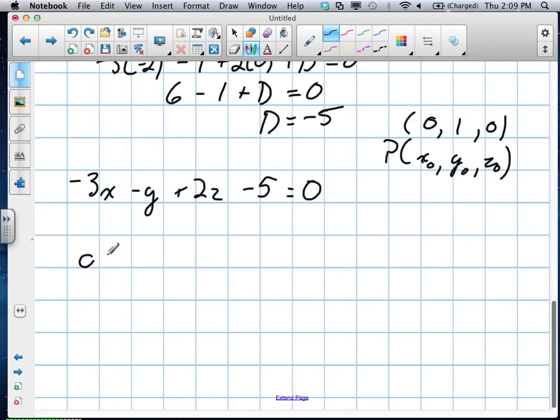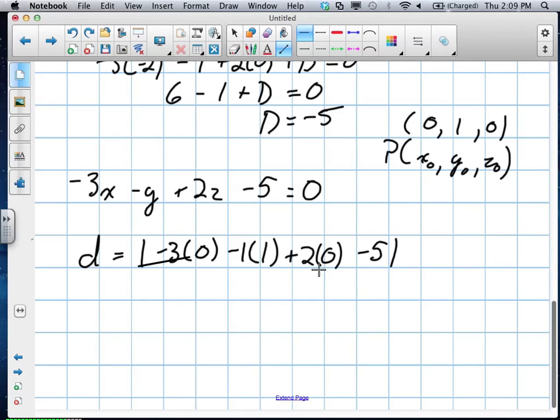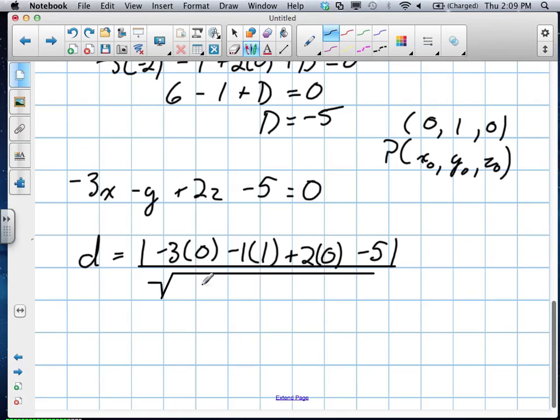Our distance formula is a, which is negative 3, times x naught, which is 0, plus b, which is negative 1, times 1, plus c, which is 2, times 0, minus 5. And we're doing the absolute value of that. All over the square root of a squared plus b squared plus c squared, which is negative 3 squared, plus negative 1 squared, plus 2 squared.